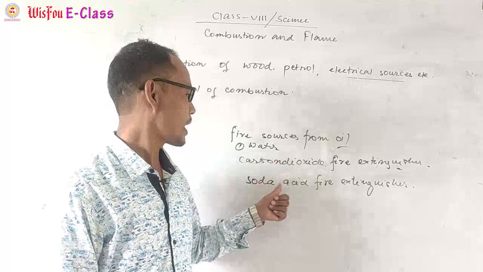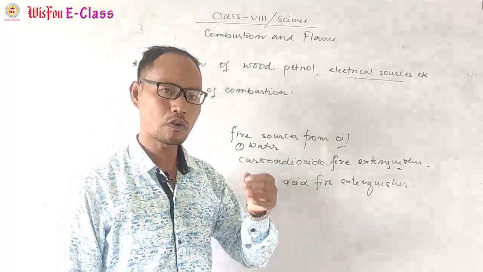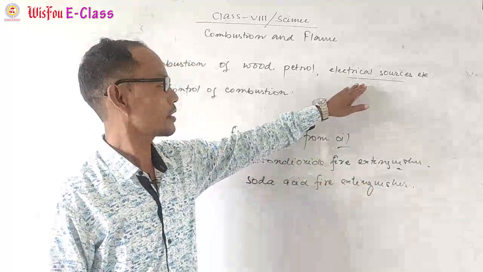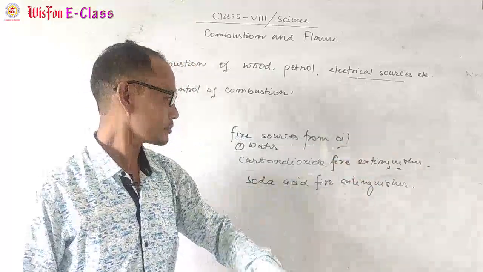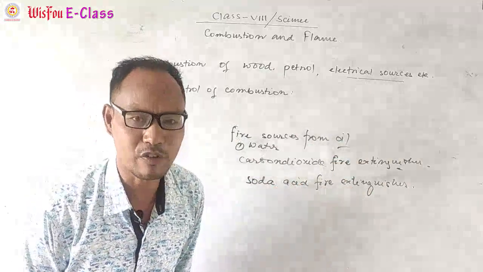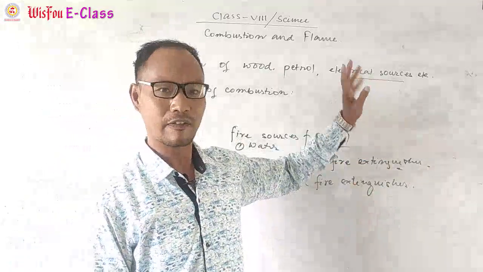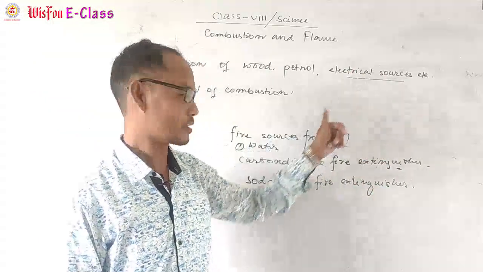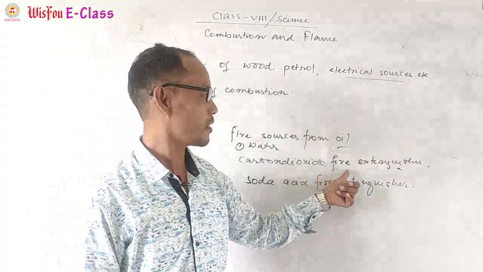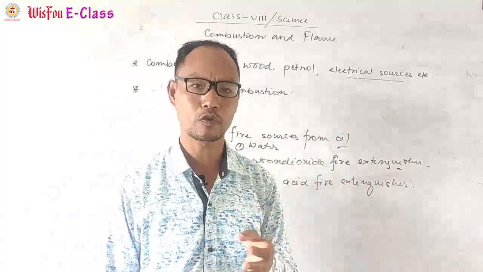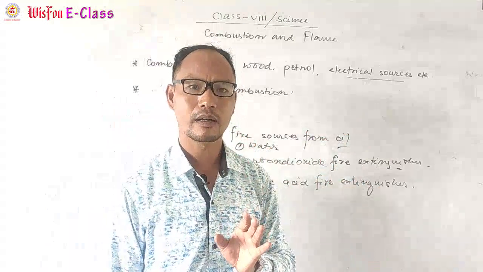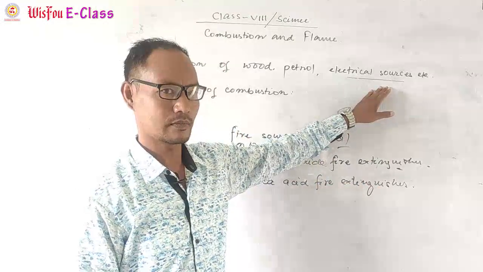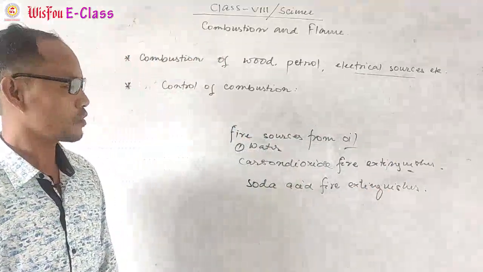So how do we control fire from electrical appliances? Yes, only the carbon dioxide fire extinguisher is used to control fire coming from electrical sources. So let us stop for today.